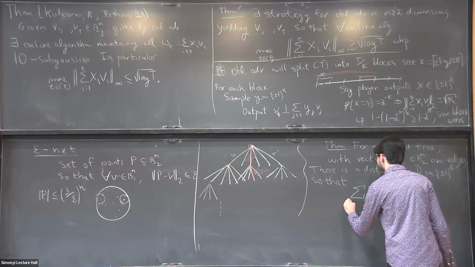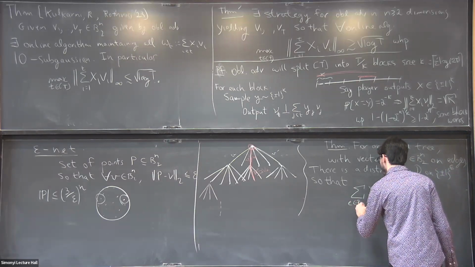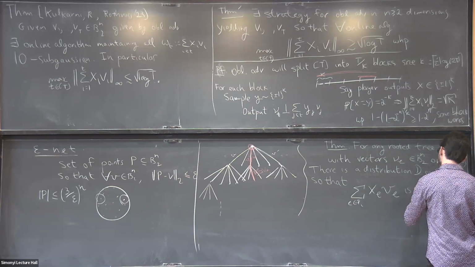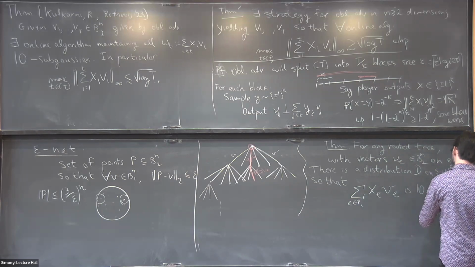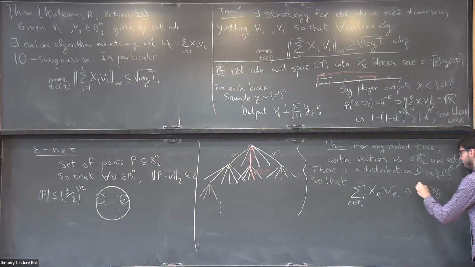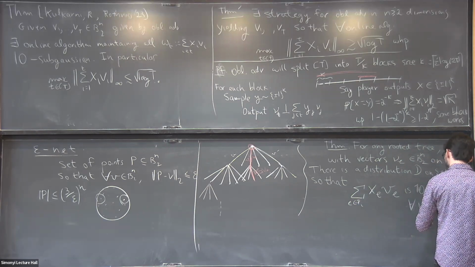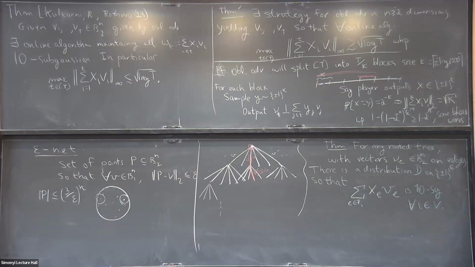I'm just going to write SG for sub-Gaussian. And this is going to be true for all vertices of my tree.